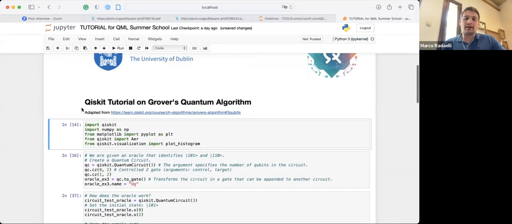So let's get started. What we are doing is a very simple, somehow trivial example of a Grover search. We are doing this on a space with 8 elements, so the strings going from 000 to 111, so integer numbers from 0 to 7.